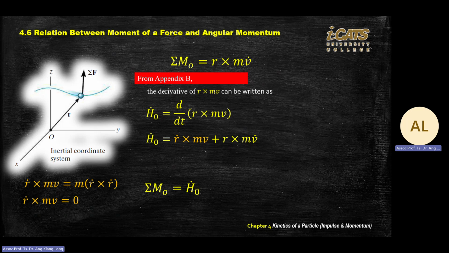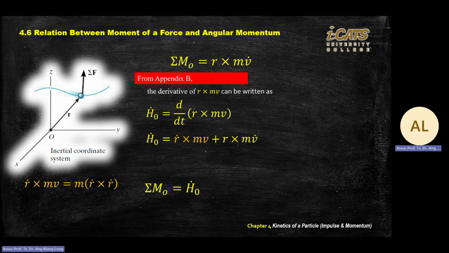So if you take R dot here, R dot cross mv will equal m multiplied by the bracket R dot cross R dot. Okay, this is a cross product.